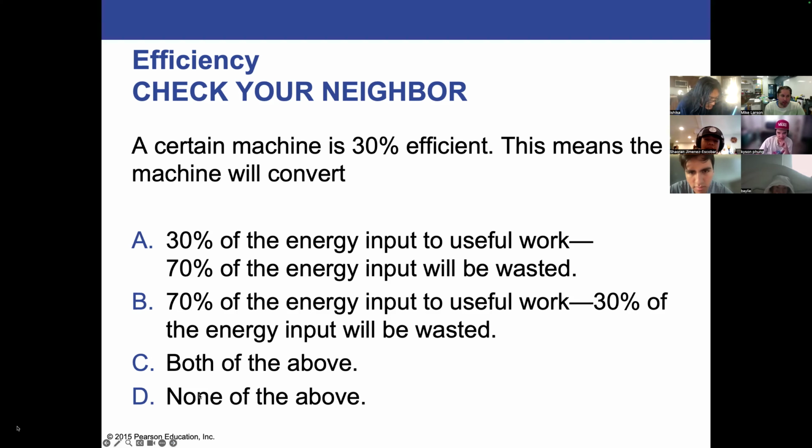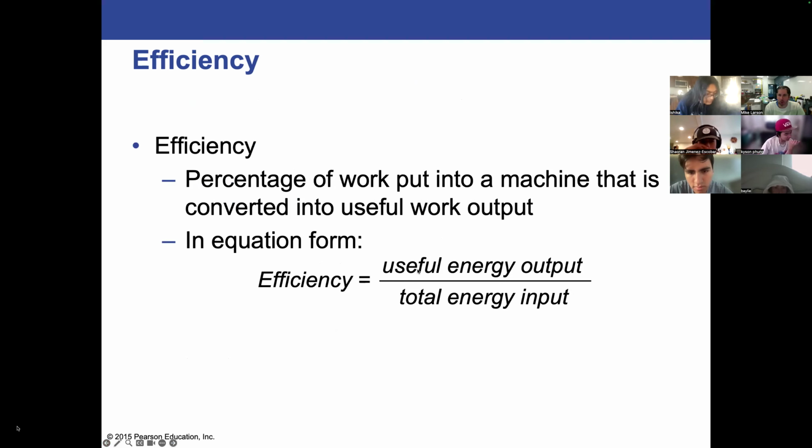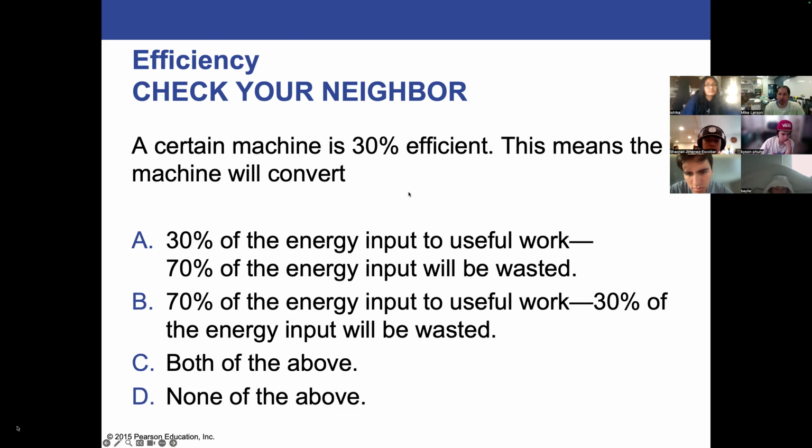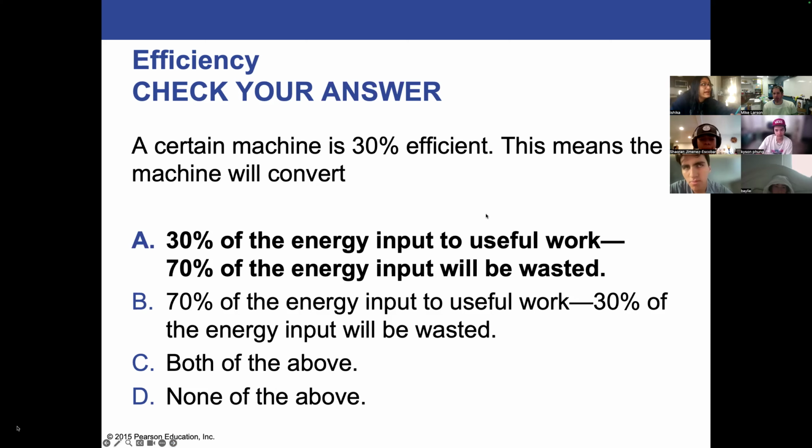So remember the equation: useful energy output divided by total energy input. It's only 30% efficient. So A? A is correct. Yes, A is correct. The 30% is useful and 70% is wasted.